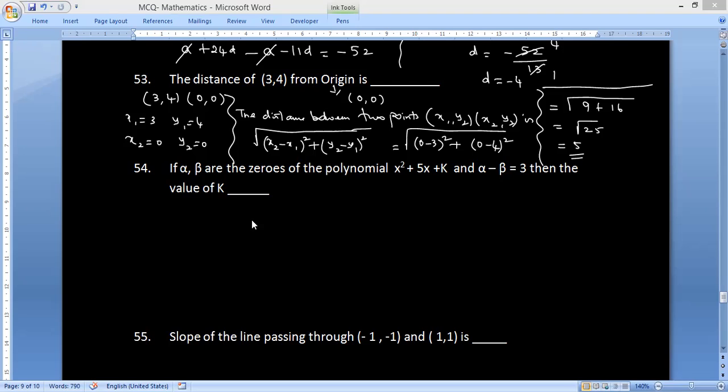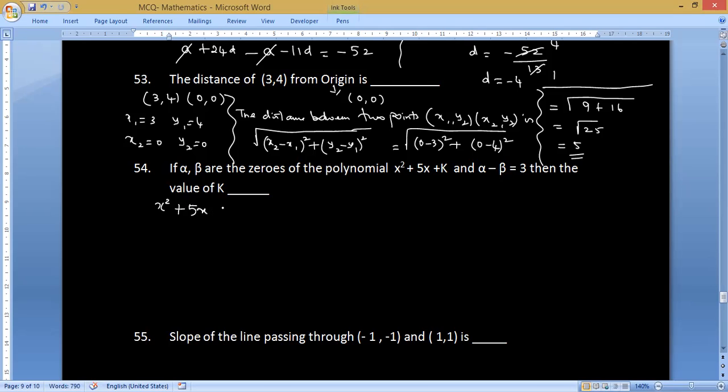So the polynomial is given: x square plus 5x plus k. Alpha and beta are the zeros of the polynomial. Compare with the quadratic polynomial ax square plus bx plus c. So the value of a is 1, the value of b is 5, the value of c is k.